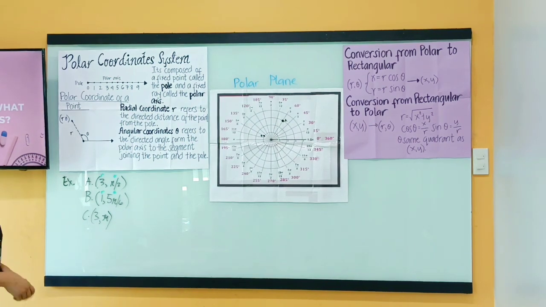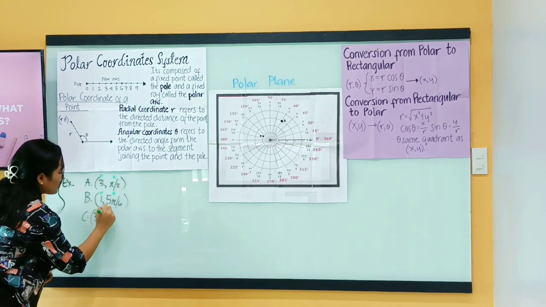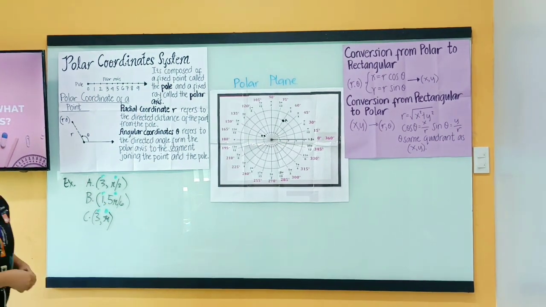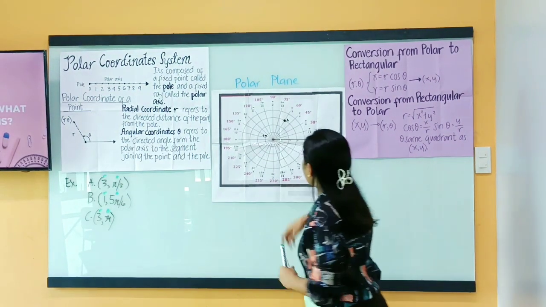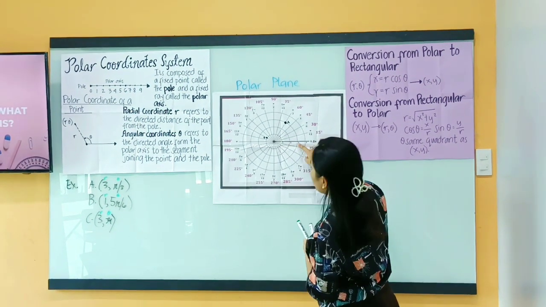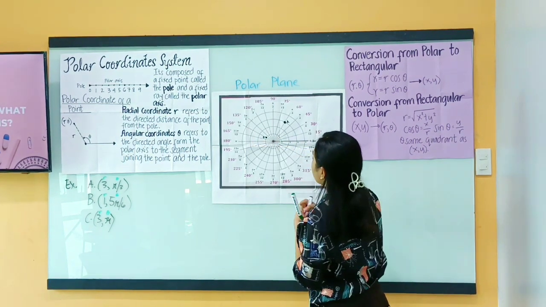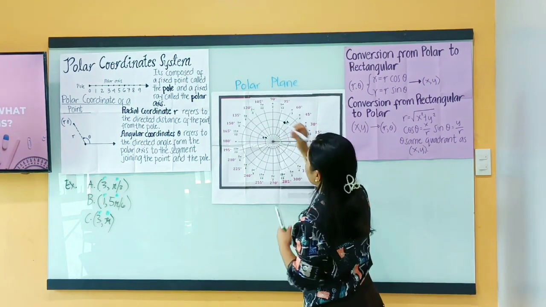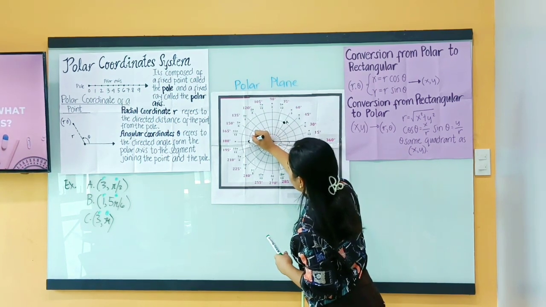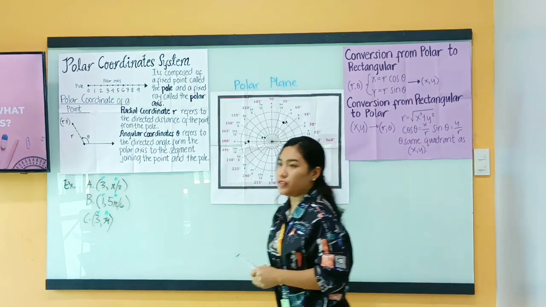Next, C, our radial is 3 and our angular is negative 1. So 1, 2, 3 is here, number 3, and negative 5 is here because it's negative. Very good.